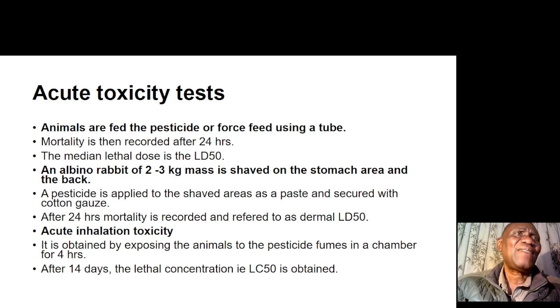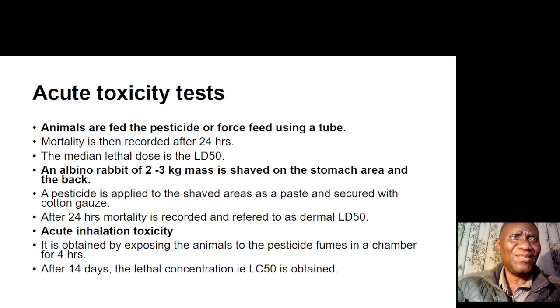After 24 hours, mortality is recorded and referred to as dermal LD50, because the poison is supposed to go via the skin. That's why it is dermal LD50. Then of course it can actually kill some of the animals.